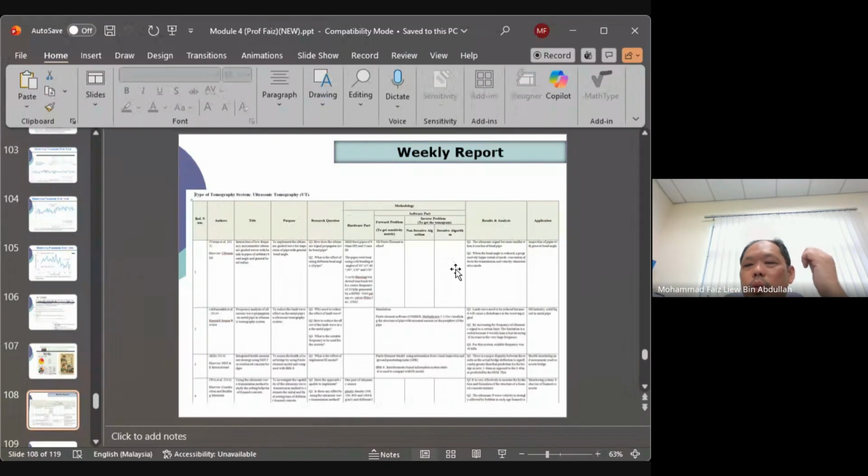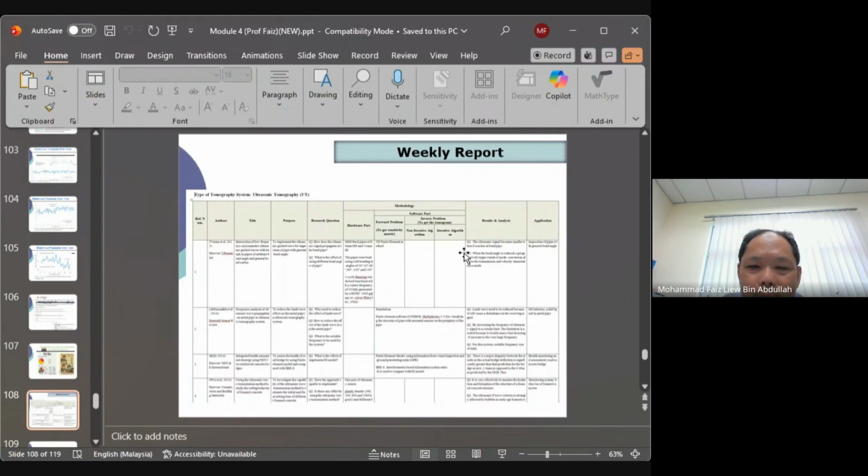For those in the first year, first semester of your study, this period is crucial, because after you decide what area you want to do, you have to start reading a lot of papers. Start searching for all the papers and then read.